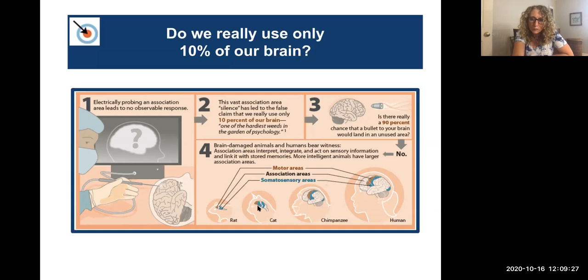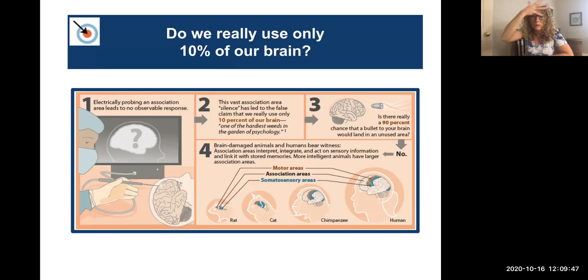But one thing I do want to show you here is notice that the association areas are much larger in humans than other animals. So remember I had told you that there was a cortex. So we had the frontal lobe, and in the back part was the motor cortex of the frontal lobe.